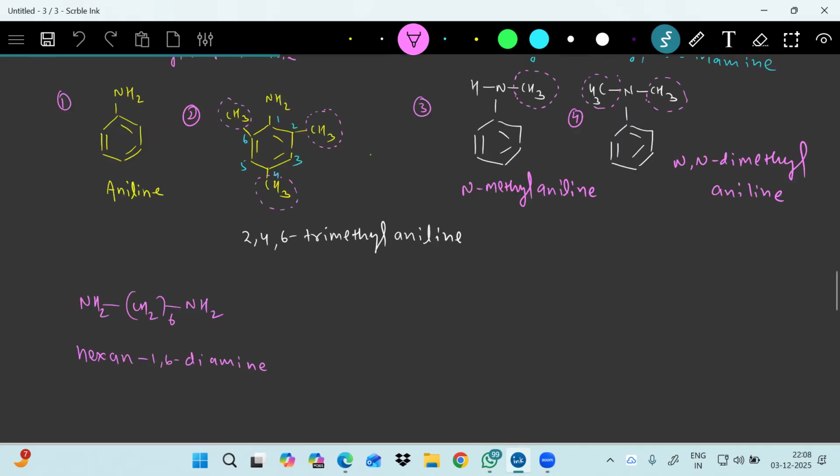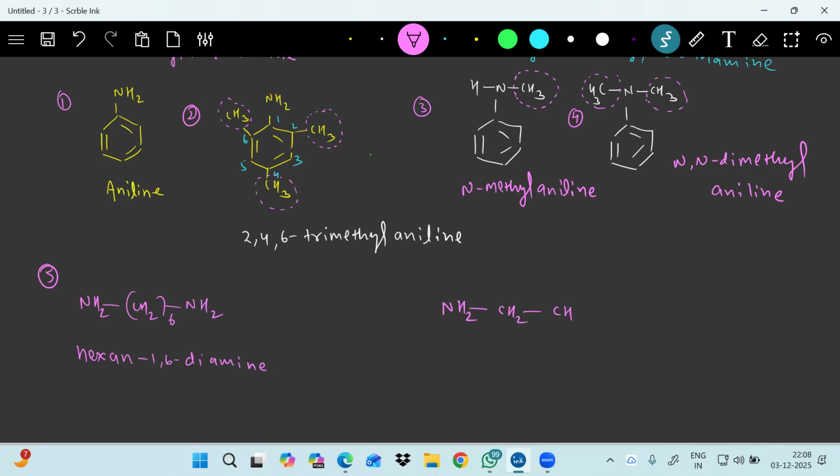Now tell me what is the name of this compound? Example number 5. Suppose I am writing here NH2, CH2, CH double bond CH2. Example number 6.